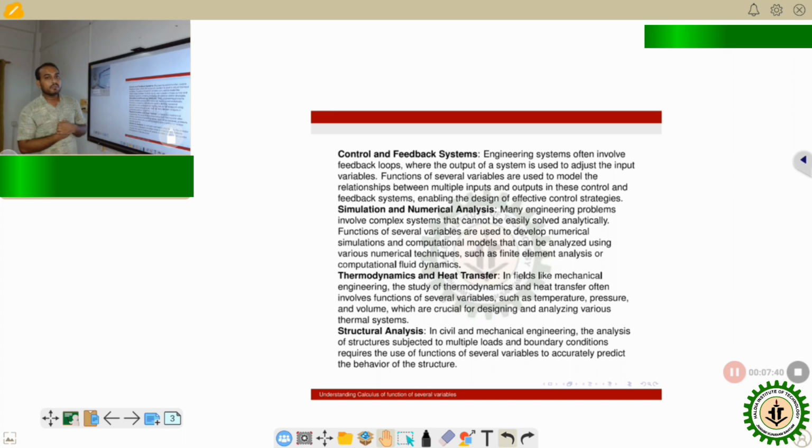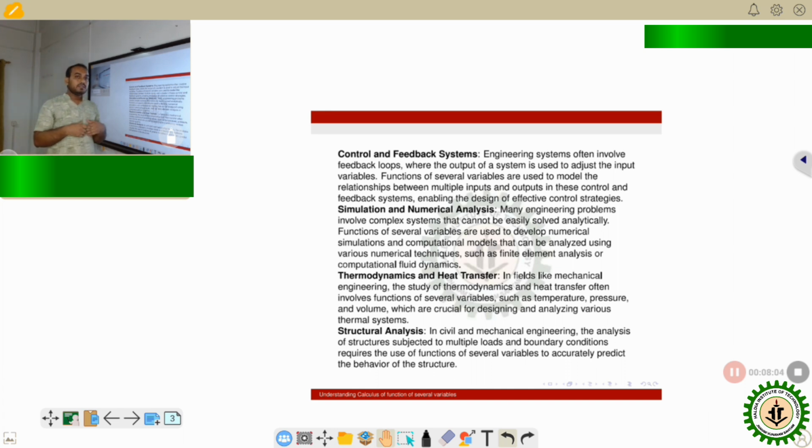Another application of functions of several variables is that nowadays the IT sector is growing, and machine learning problems are increasing. So the engineers in that branch, machine learning, are going to optimize some criteria.